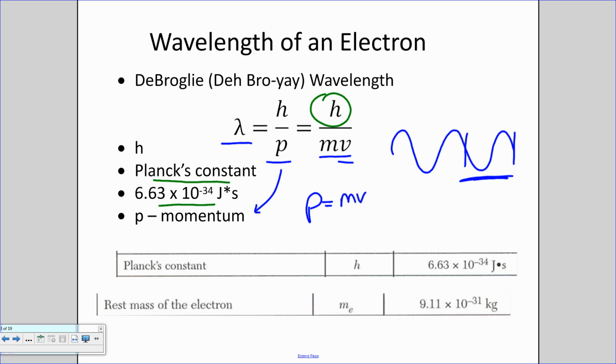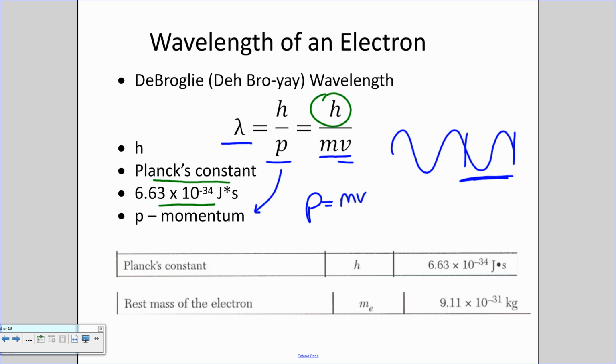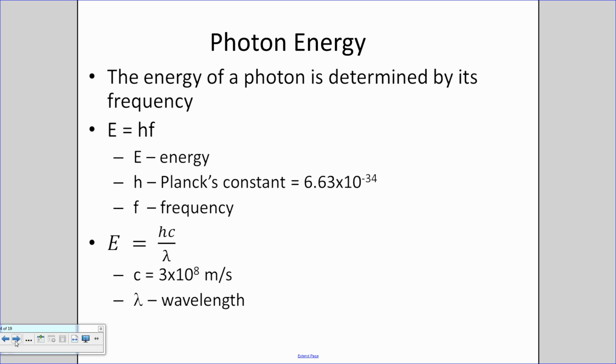The other constant is the mass, because we're looking at an electron, the mass of an electron, which is also in your reference table, as 9.11 times 10 to the negative 31st kilograms. So if I want to find the wavelength of the electron, all I need to know is how fast it's going. All right, so that's a particle acting like a wave.